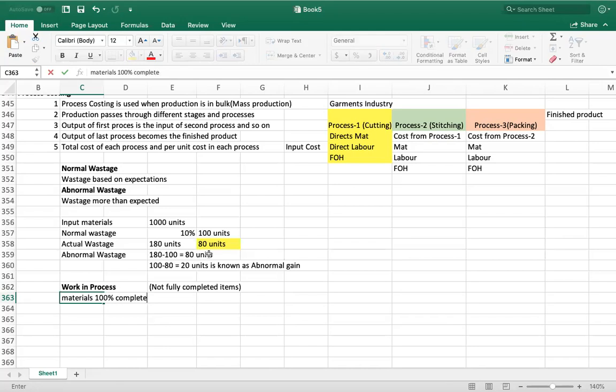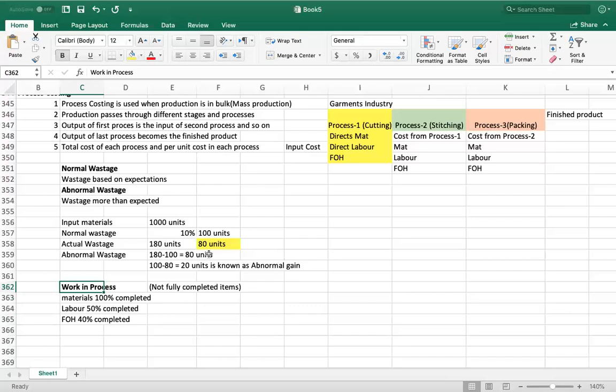For example, he says materials 100% completed. Labor, let's say 50% completed. Factory overhead, let's suppose 40% completed. For example, today is what date? Today is 16th September.